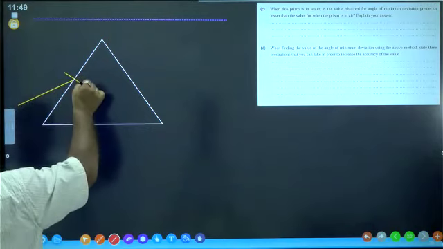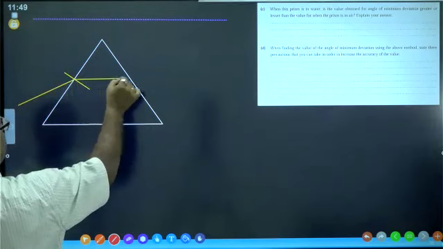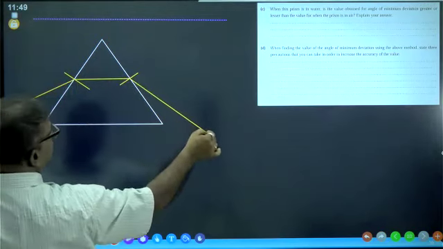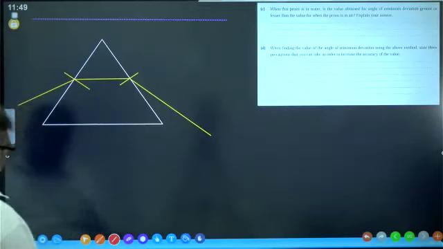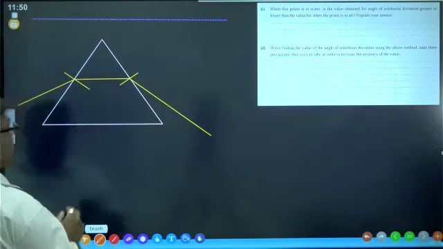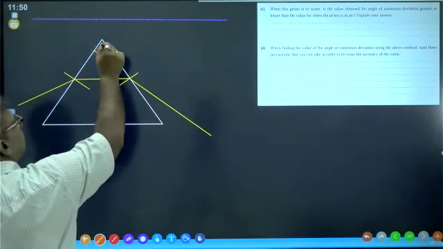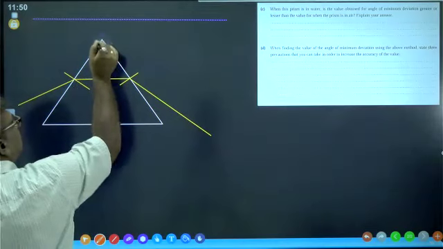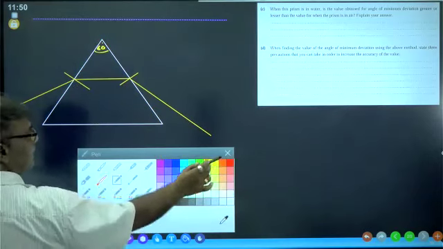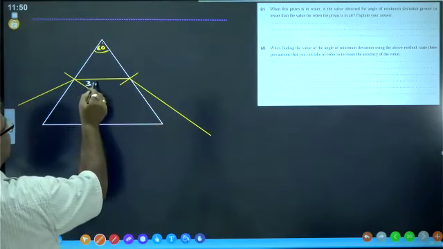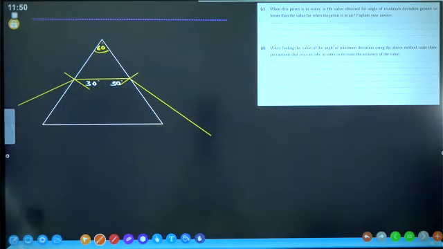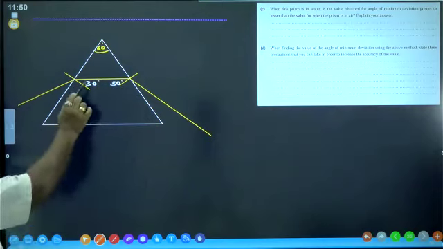Right here, this is the normal. The light ray goes like this, no? Okay. Let's see. Equilateral prism. This is 60. This angle should definitely be 30 at the minimum deviation angle. Is that clear, brother? This angle is definitely 30.